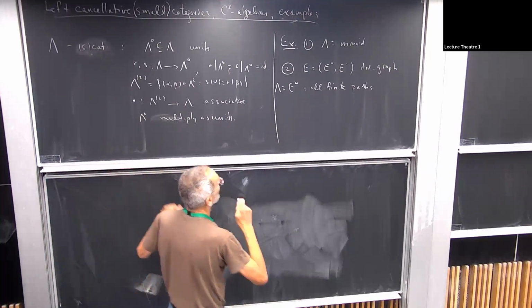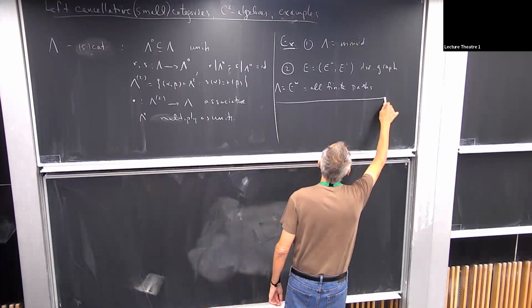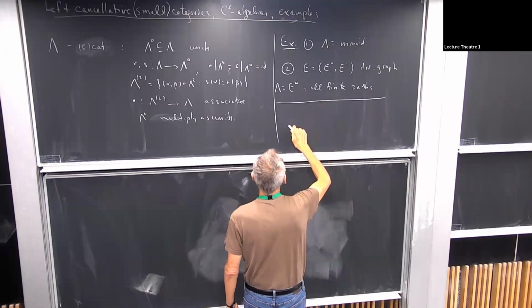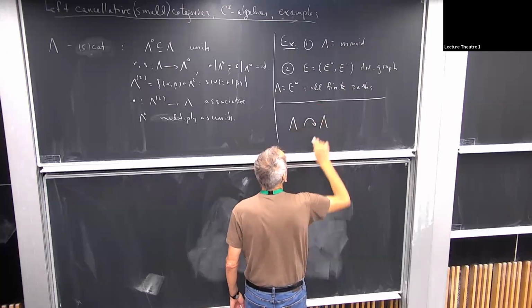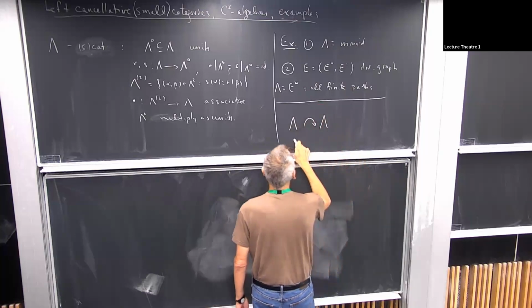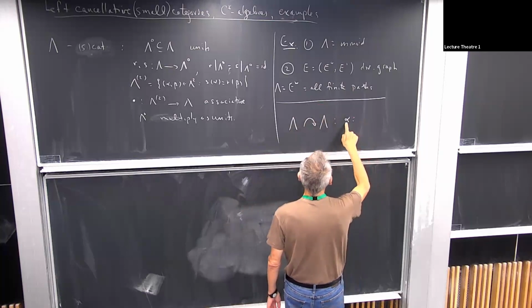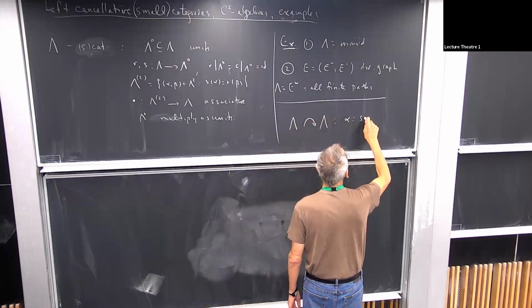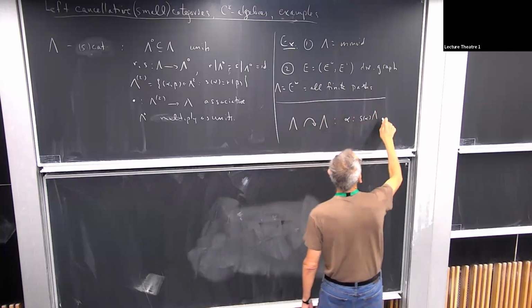So before I talk about the left cancellative property, the basic idea is that lambda acts on itself by left translation, right? So alpha, an element of lambda, acts on everything in lambda whose range is equal to the source of alpha.